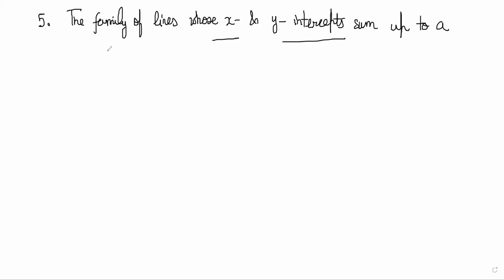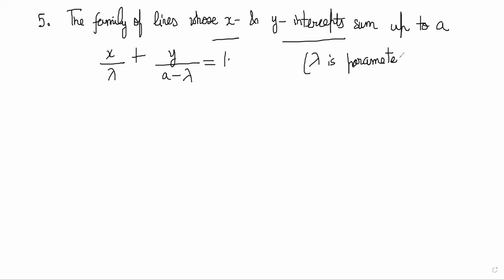That family can be written as x by lambda plus y by (A minus lambda) equal to 1. Here lambda is our parameter. This is the intercept form of a line equation, and you can see that the x-intercept and the y-intercept add up to A, right?